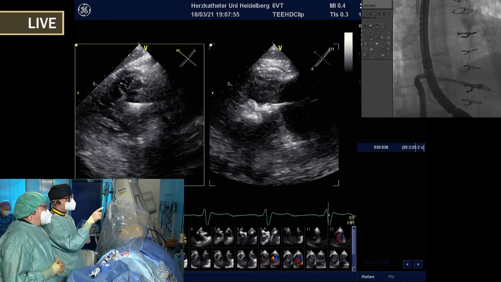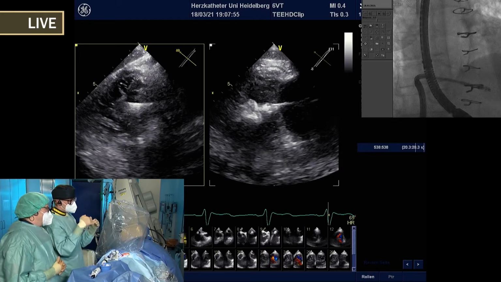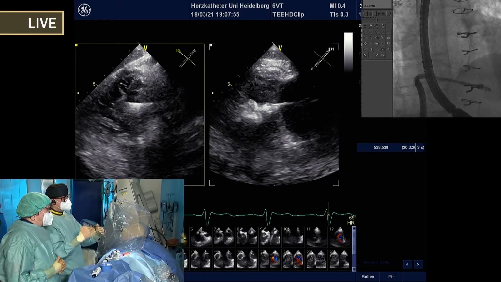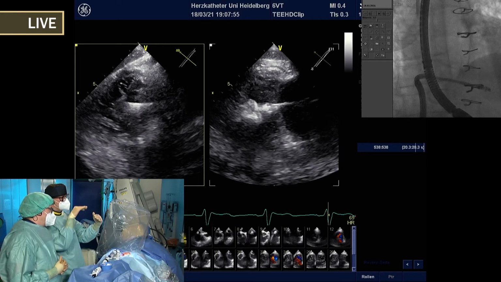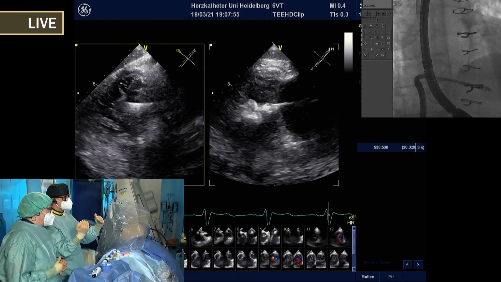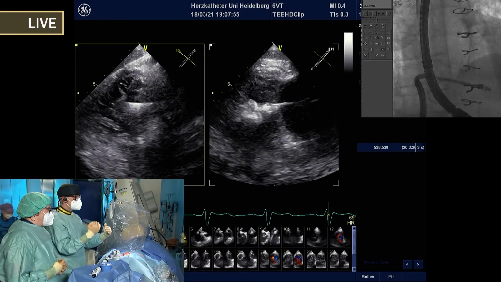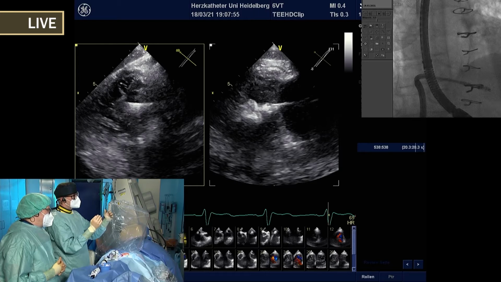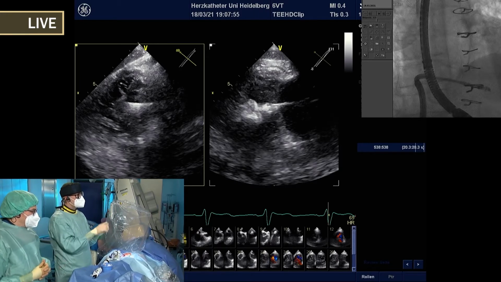And usually what we do in this view is go deep below the valve, then pull the device back a little bit anterior, try to get the anterior leaflet, push down the anterior clasp, and then move towards the septal leaflet and push down the septal clasp. And by this Tarzan maneuver, try to overcome these gaps.